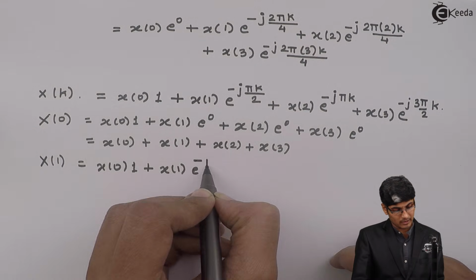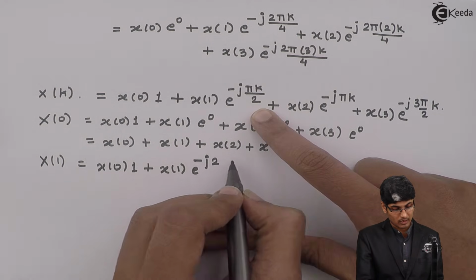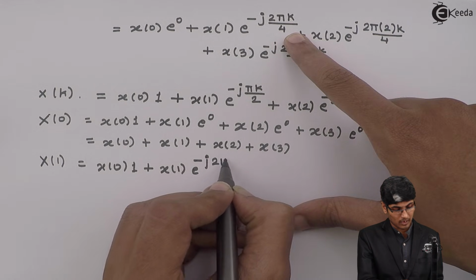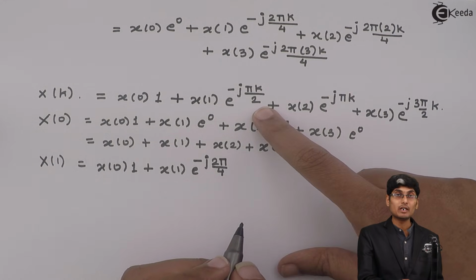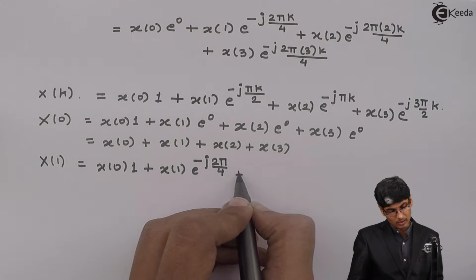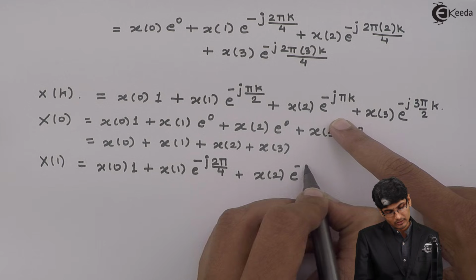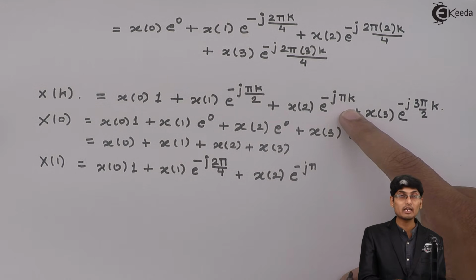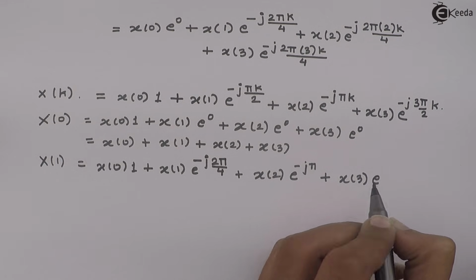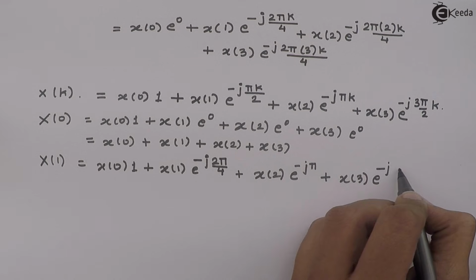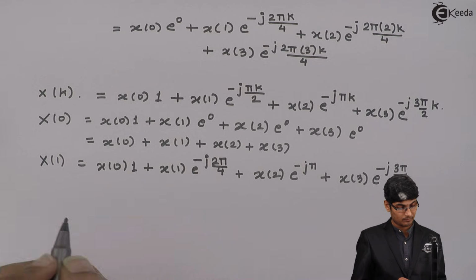So I'm going to get minus j, okay, 2 pi into 1 by 4, which ultimately results in pi by 2 alone, plus x of 2 e raised to minus j pi, because here k is equal to 1, plus x of 3 e raised to minus j 3 pi by 2, because here also k is equal to 1.